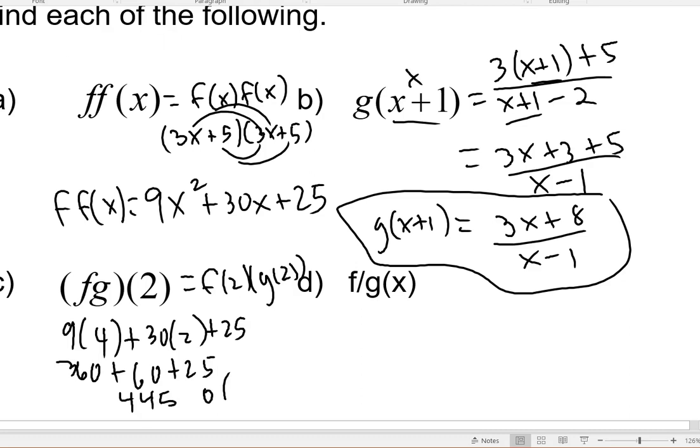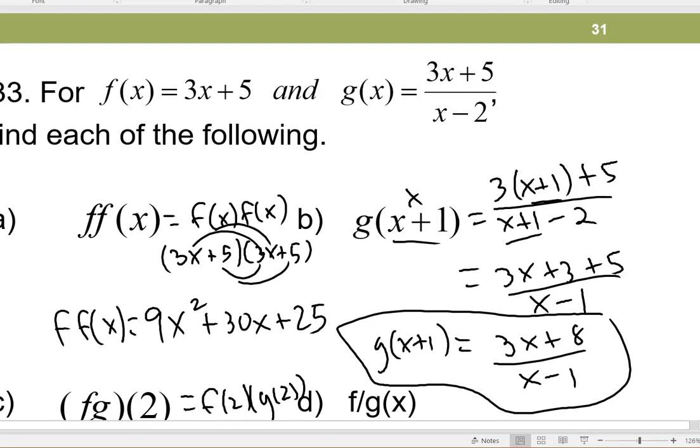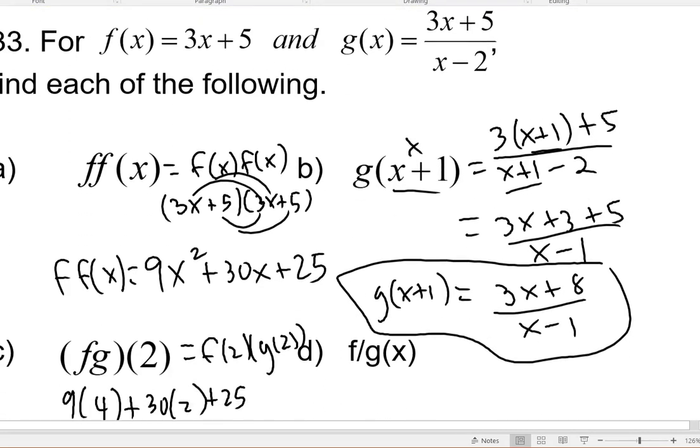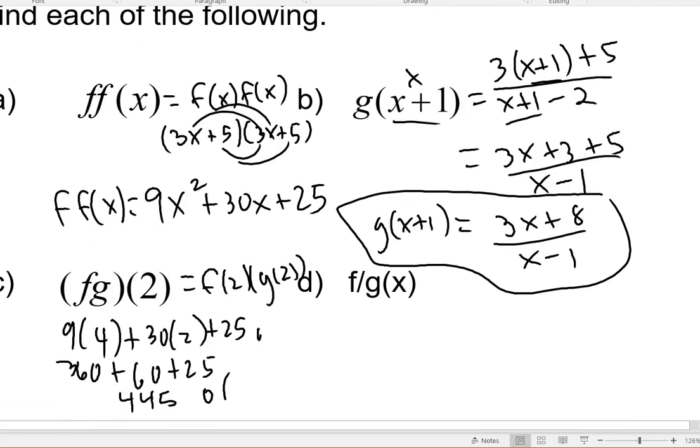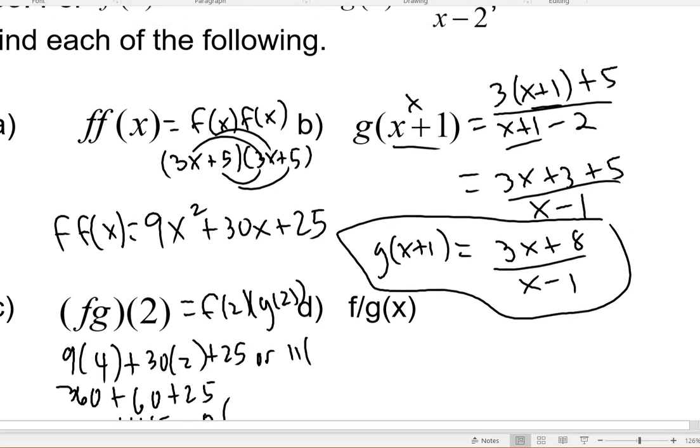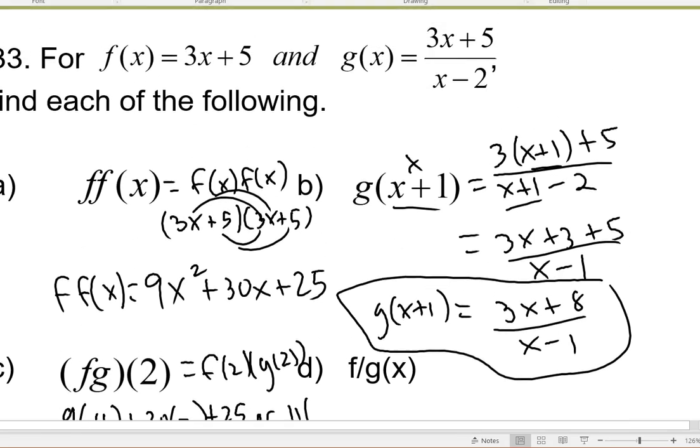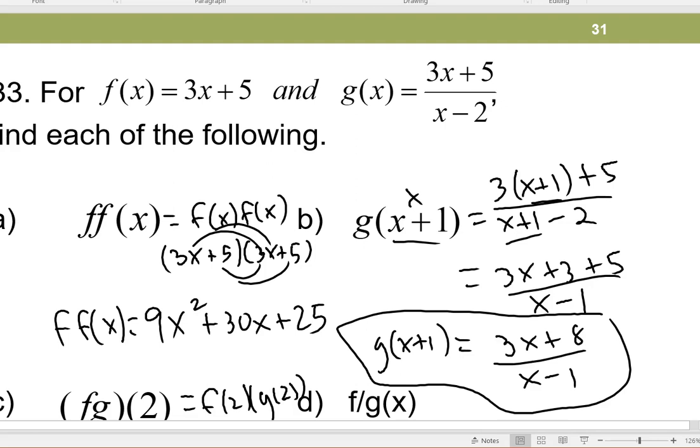Or I could do f of 2. F of 2 would be 11, times g of 2. G of 2 would be 6 times plus 5, 11 over 0.